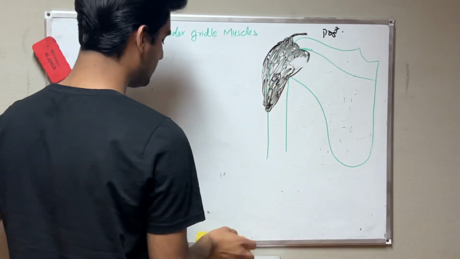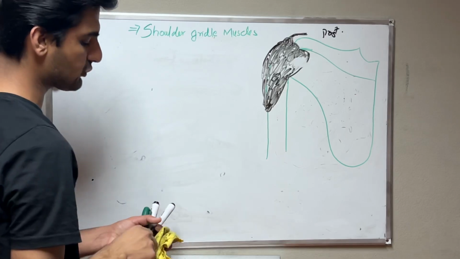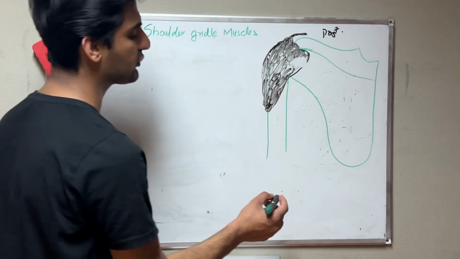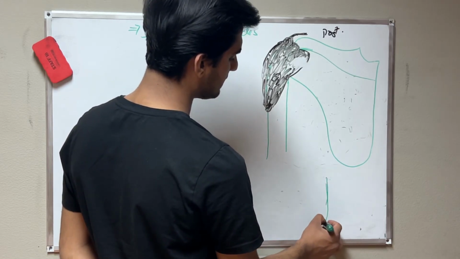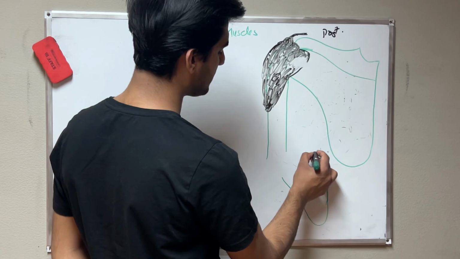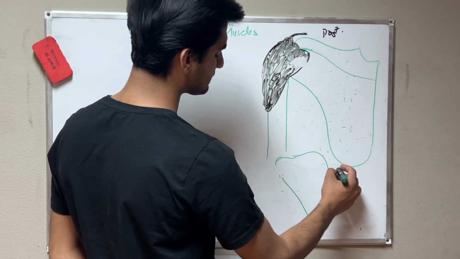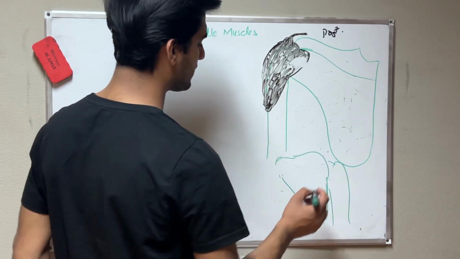Okay, then the second muscle we have is the subscapularis muscle. I told you this is the posterior view, but the subscapularis muscle is seen in the anterior view of the scapula. Here is our humerus bone.